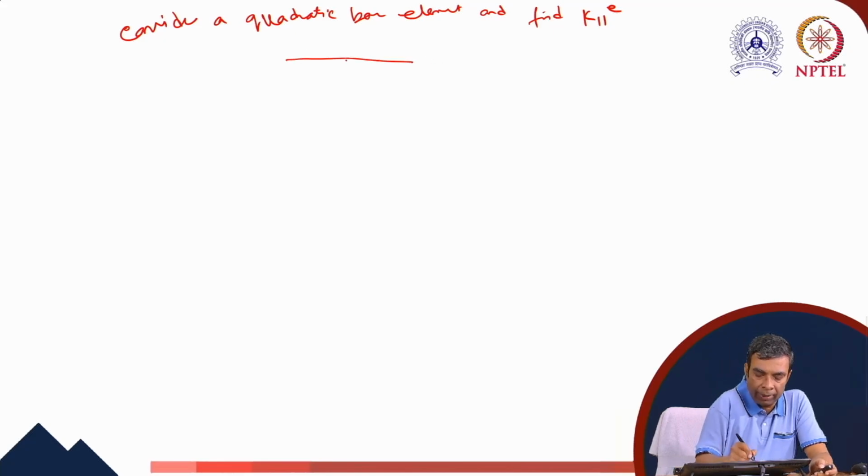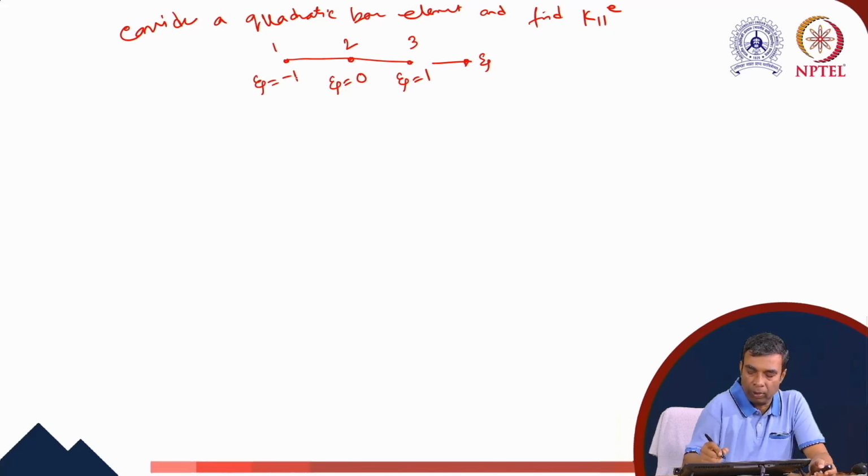So this is a quadratic bar element with local nodes 1, 2 and 3. This is the xi direction. This is xi equals 0, this is xi equals 1 and this is xi equals minus 1.